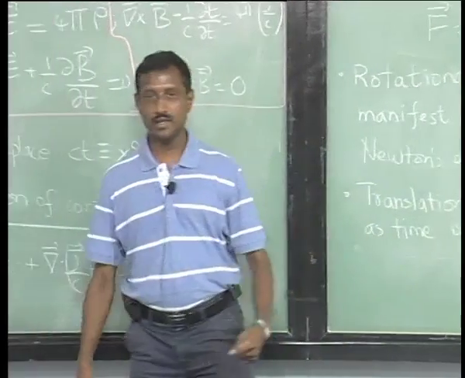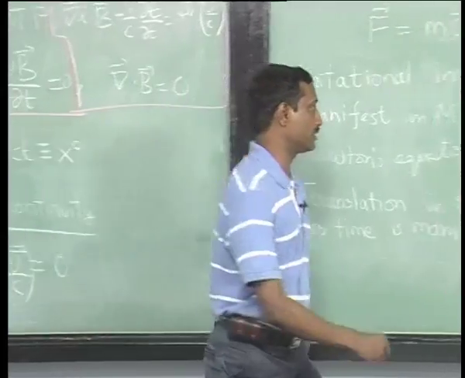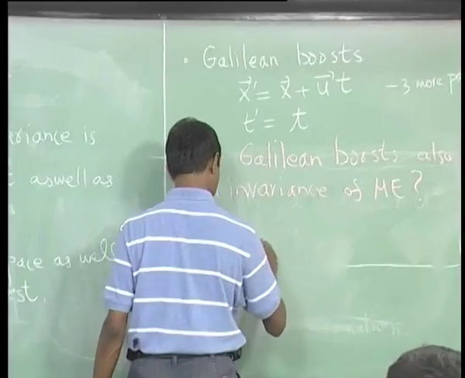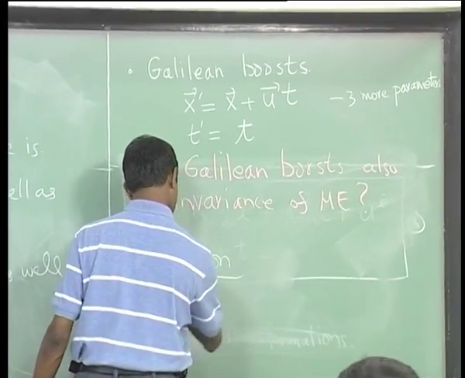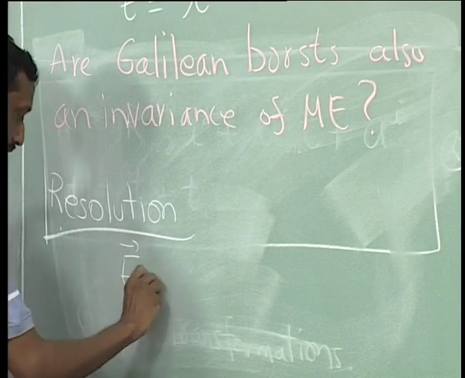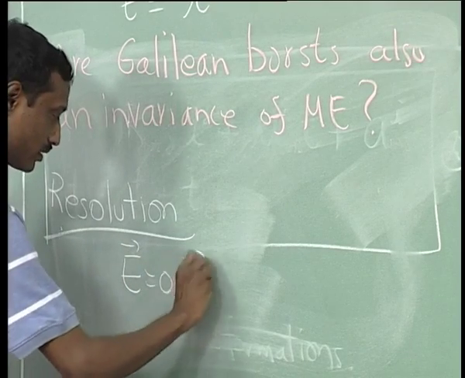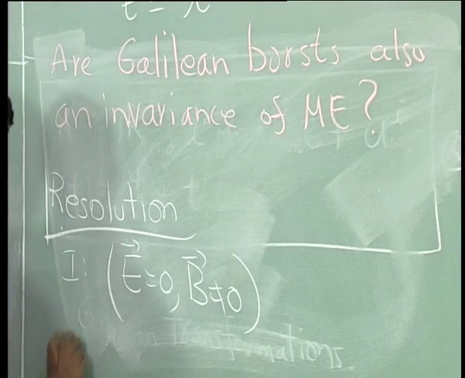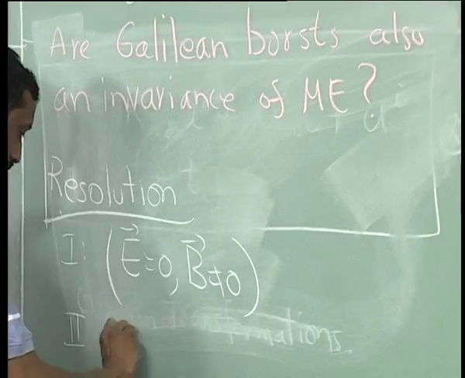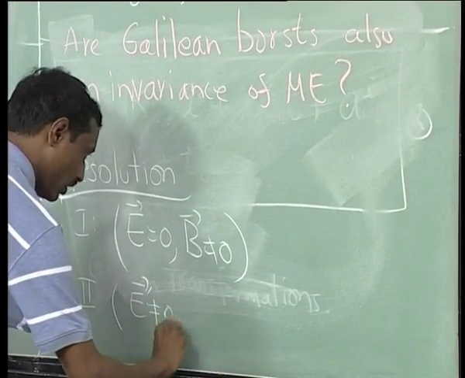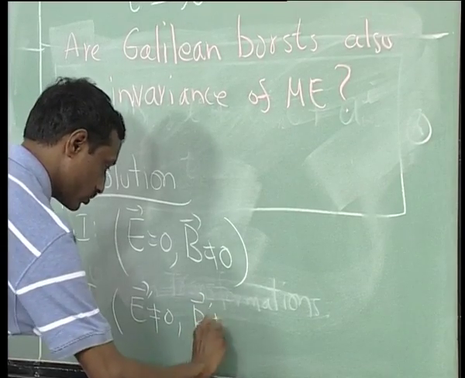The resolution to this thought experiment is very simple. We are in a situation where E is 0 and B is non-zero in frame 1. In frame 2, you would see that E prime is not 0 and B prime is not 0.